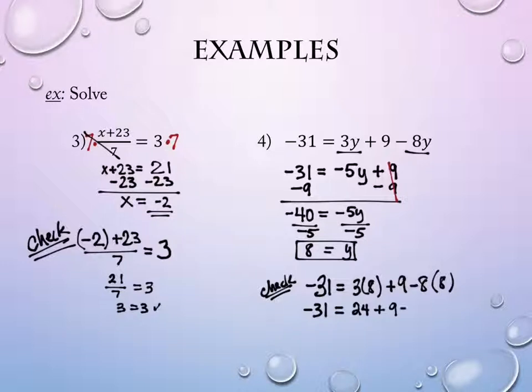And then what is 8 times 8? 64, right. So I know you can add those, but also you can grab your calculator if you'd like. 24 plus 9 minus 64. Is it -31? I've gotten some nods. Good. So -31 on both sides, so it checks out.